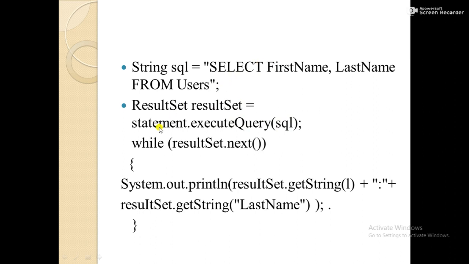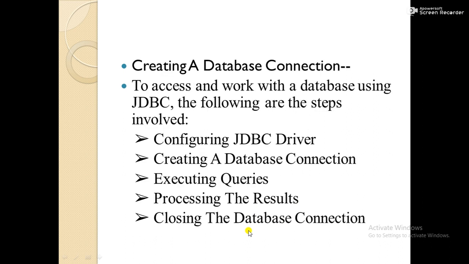Once the query executes, it will follow resultSet.next. If there are a number of rows or records, then this loop will go on retrieving all the data, that is first name and last name.